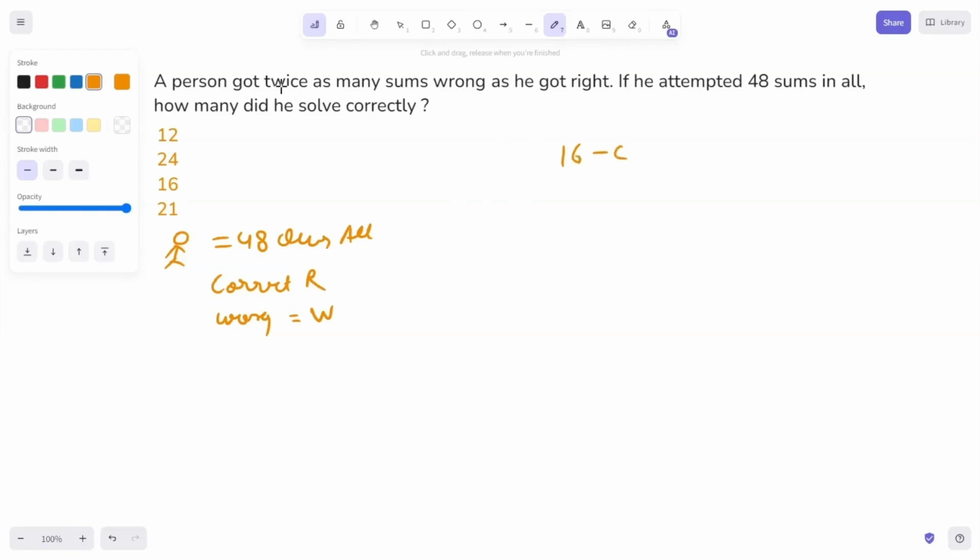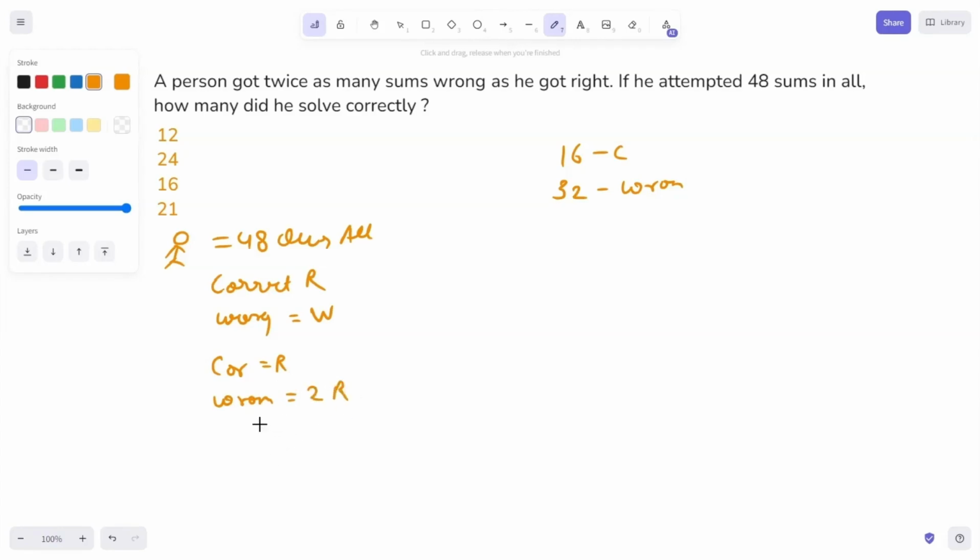The question is saying he got twice as many wrong as correct, which means 32 wrong. So the double of correct he attempted wrong. So we can say our correct questions will be R and our wrong questions will be 2R.